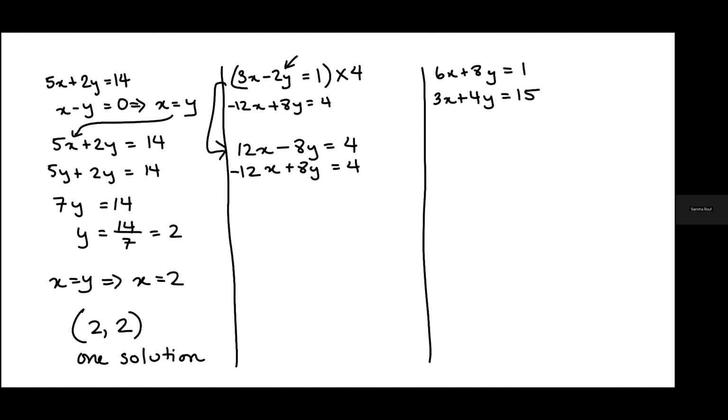And then I'm going to add them to each other. Well, 12x minus 12x is 0. -8 plus 8 is 0. And then we have 4 plus 4, which is 8.